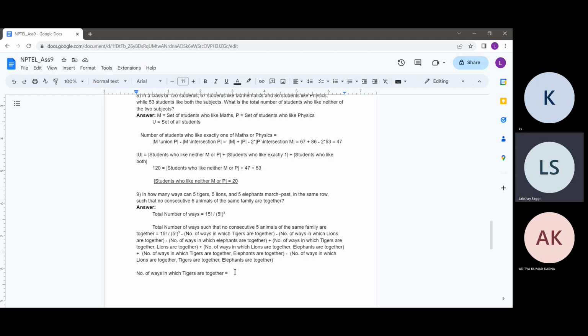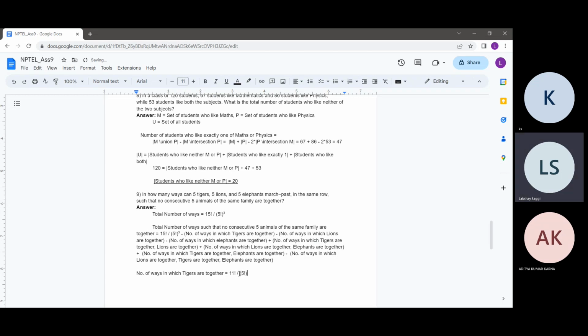Out of these 11 objects, 5 lions are of the same type and 5 elephants are of the same type. So I just need to arrange 11 objects in which 5 are one type, 5 are of the second type, and the third type is the set of 5 tigers, which is just one object. So this will just be 11 factorial divided by 5 factorial squared.